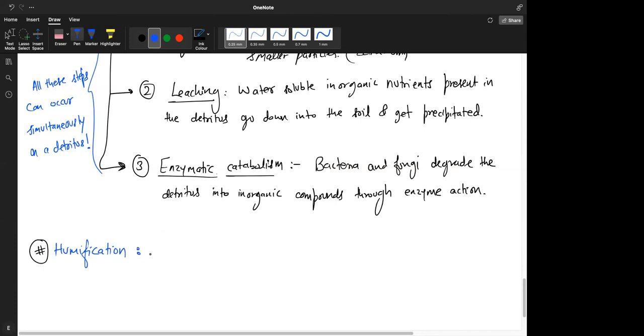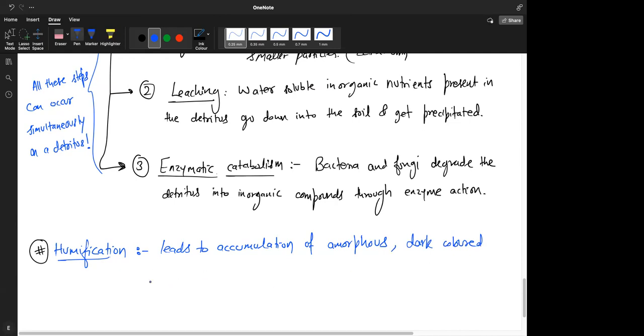Let's define humification and write it down. Humification is the process which leads to accumulation of amorphous substances. If you have studied chemistry, there are amorphous and crystalline shapes, so you know these. These are amorphous substances, mostly very dark colored, like black. Their texture is like a semi-stone.